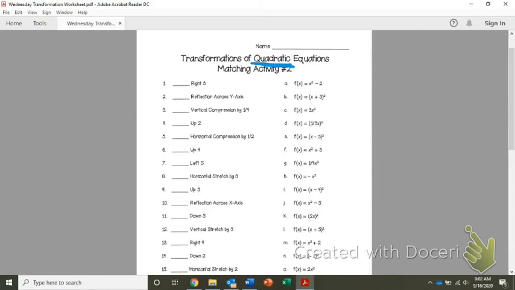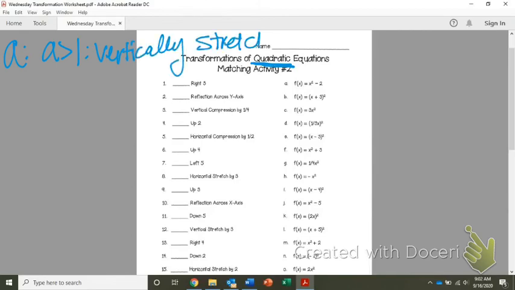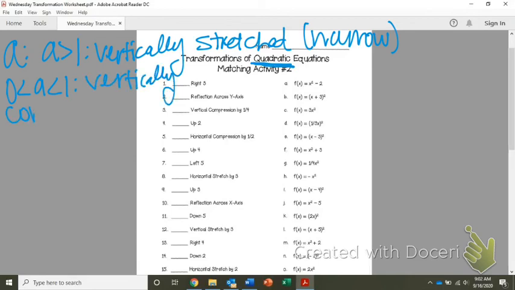So for A values, A is greater than 1: vertically stretched, narrow. A is between 0 and 1: vertically compressed or shrunk, just means wider, same thing.